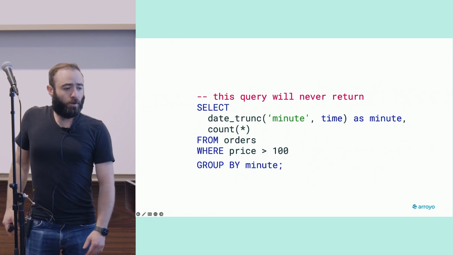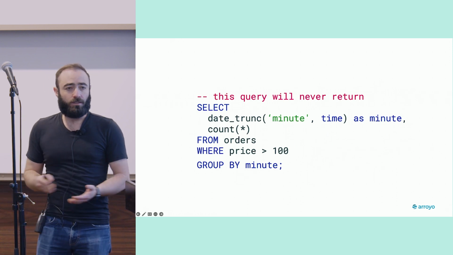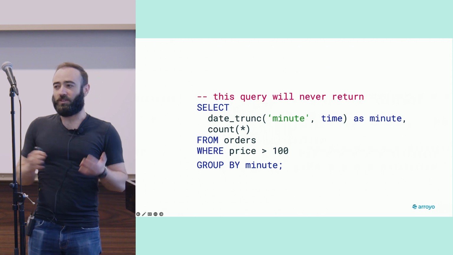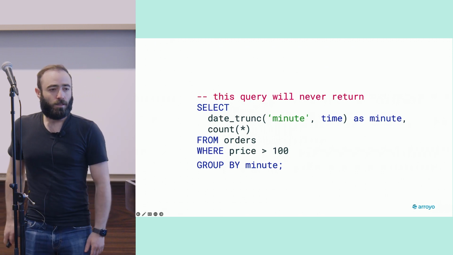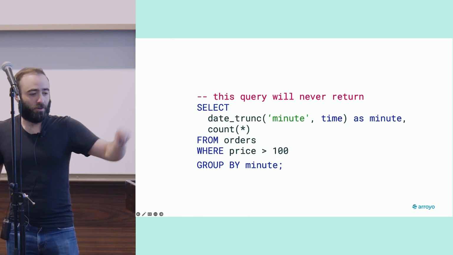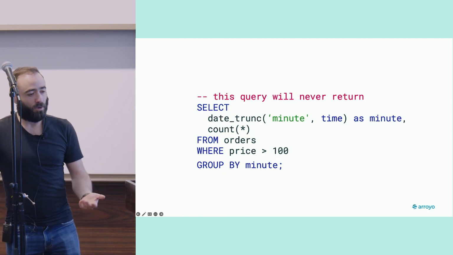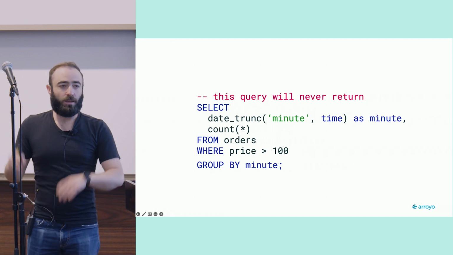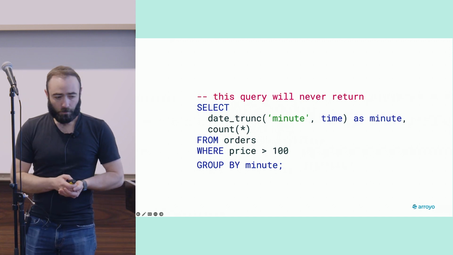And if we try to just use those windows directly in SQL, we still have this problem of not having any bound on our data. So this is how you would do a tumbling window in standard SQL, truncate the minute and group by that.